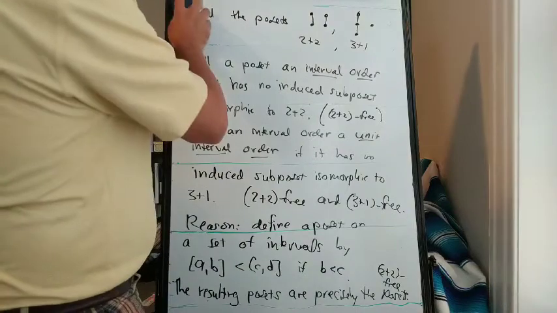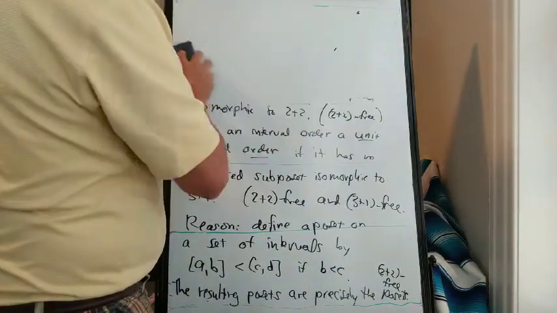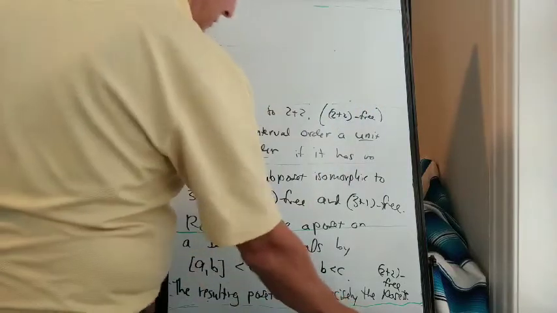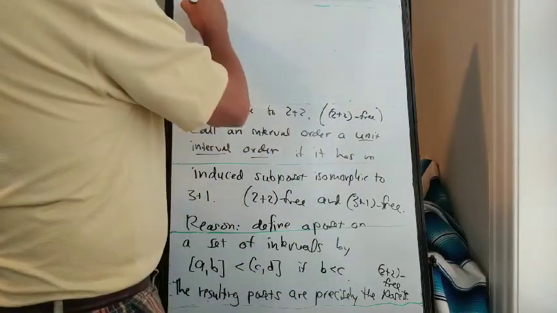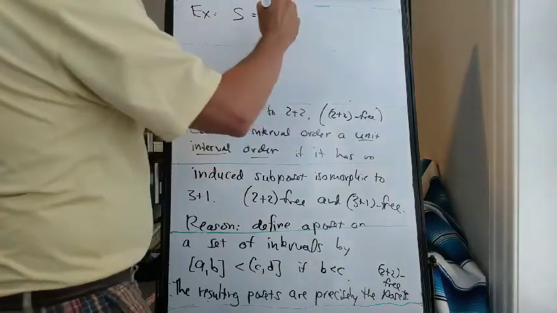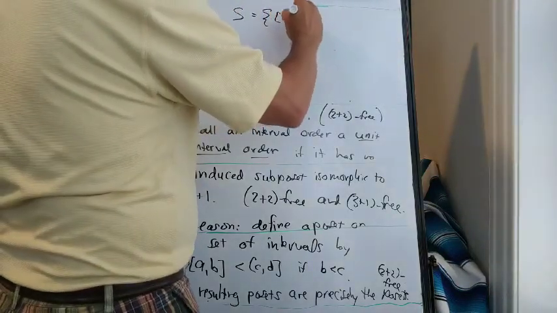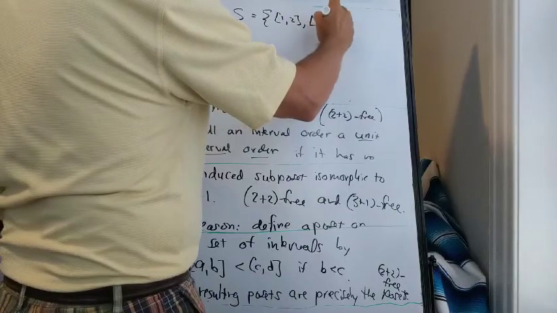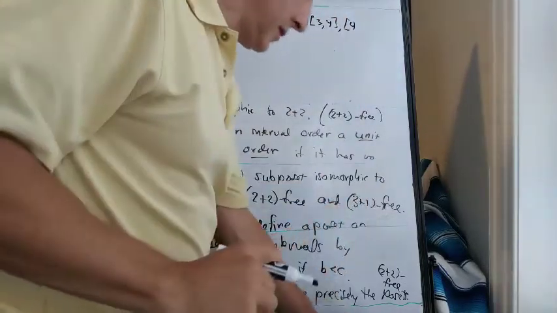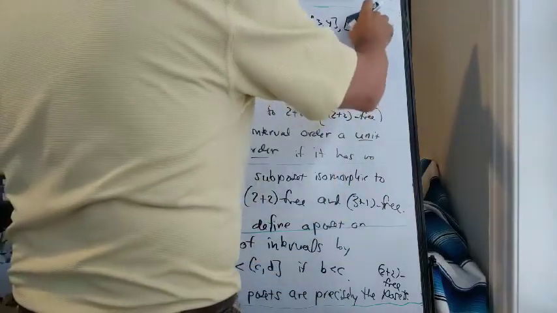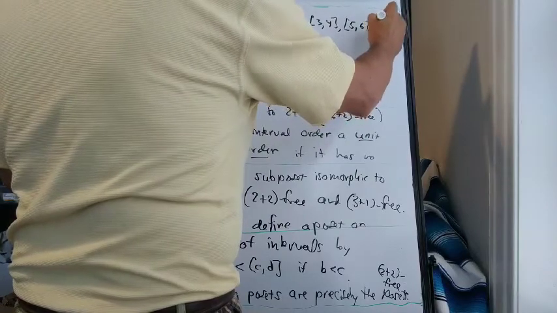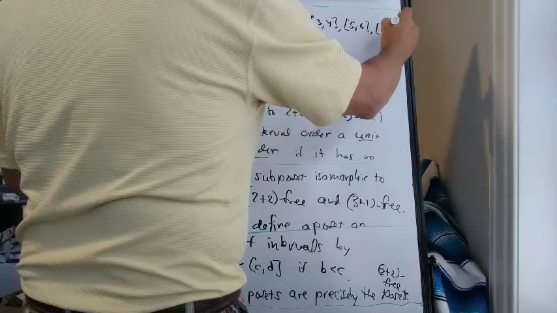Let me draw a picture of one. So for example, let's look at the set of 4 intervals: the interval from 1 to 2, the interval from 3 to 4, the interval from 5 to 6, and the interval from 2 to 5.